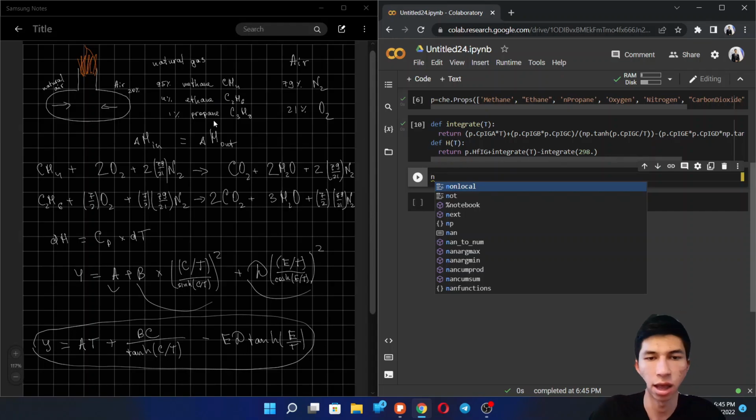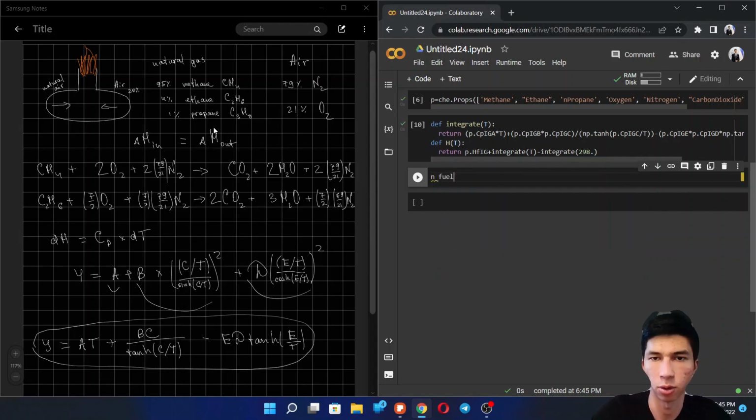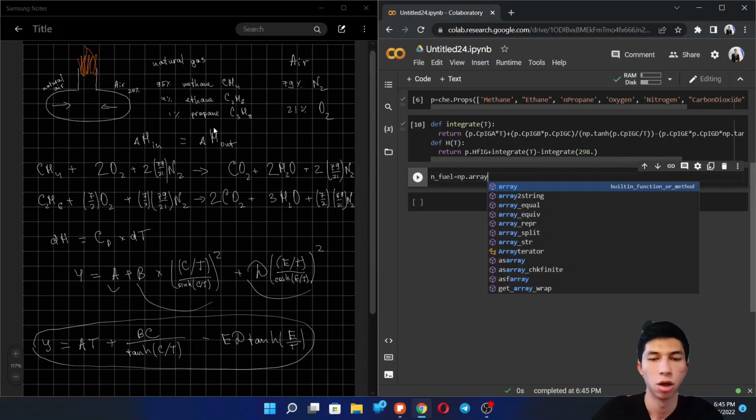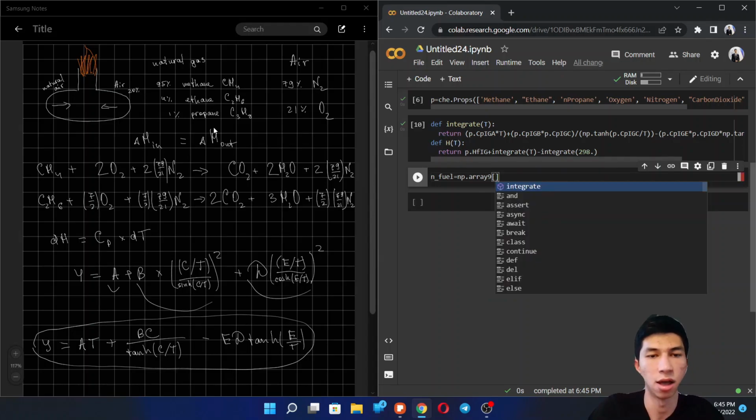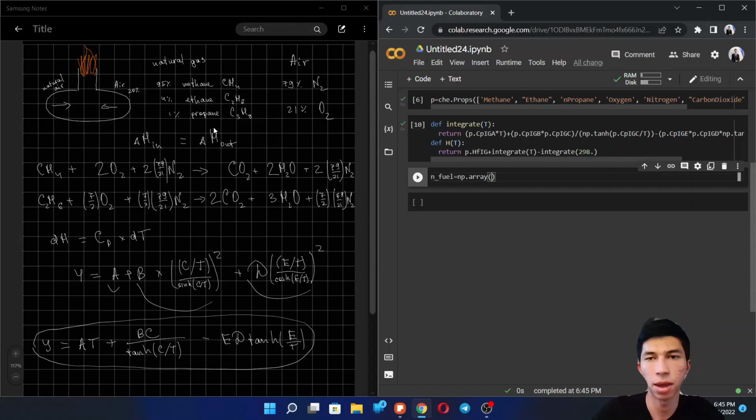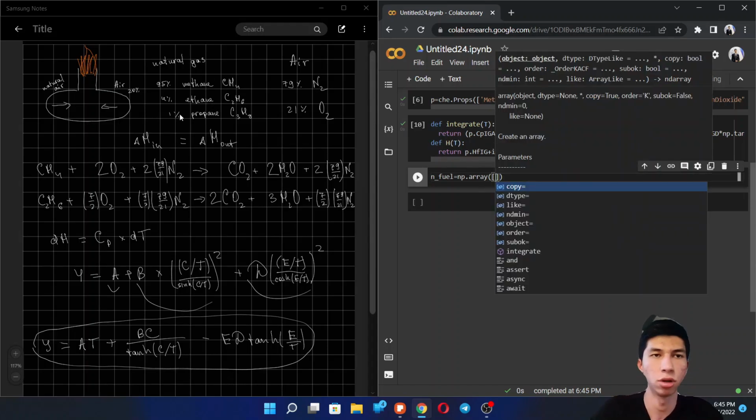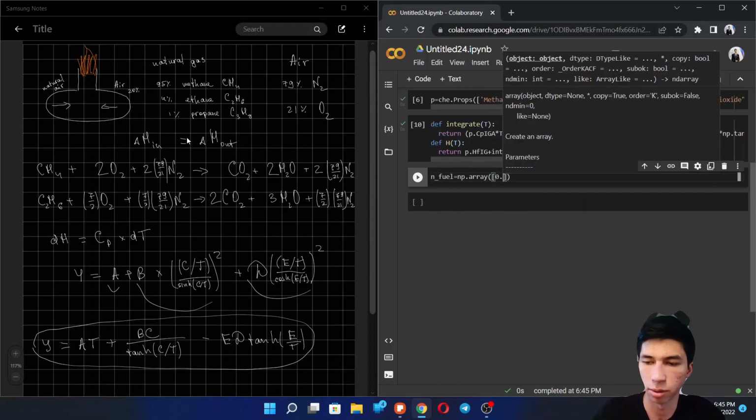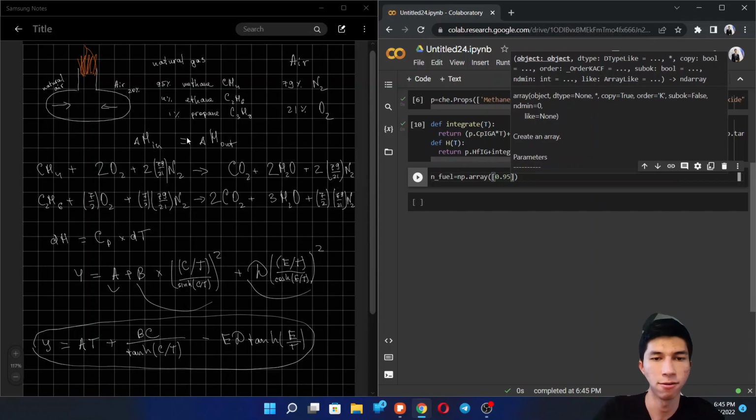So we have methane, ethane, and propane in different mole ratios, right? So let's say the fuel is going to be equal. We should create an array for the mole ratios. So it's going to be 0.9895, right?